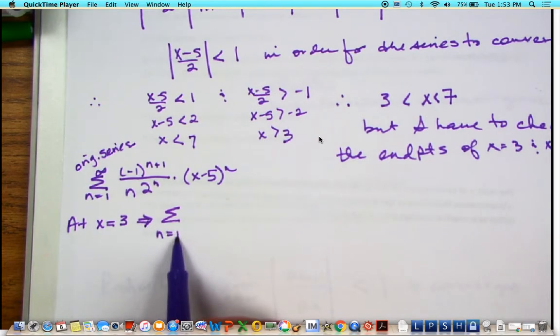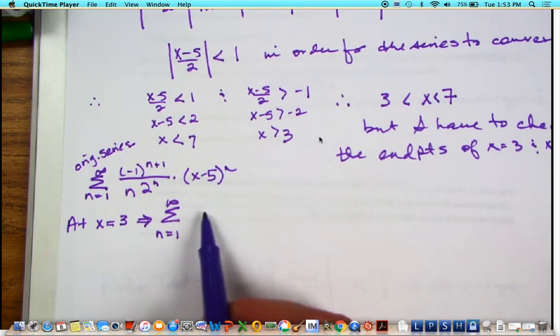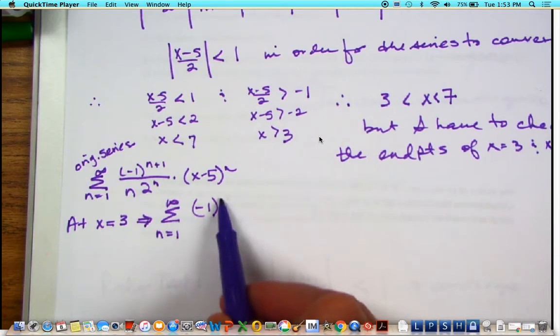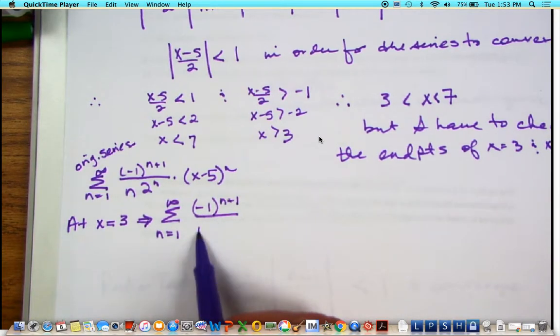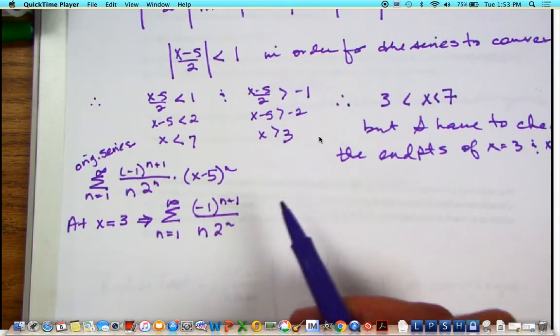I now have the series from n equals 1 to infinity of negative 1 to the n plus 1 over n 2 to the n.